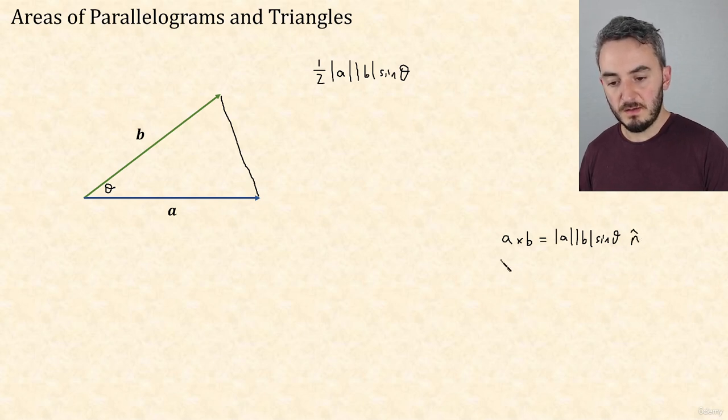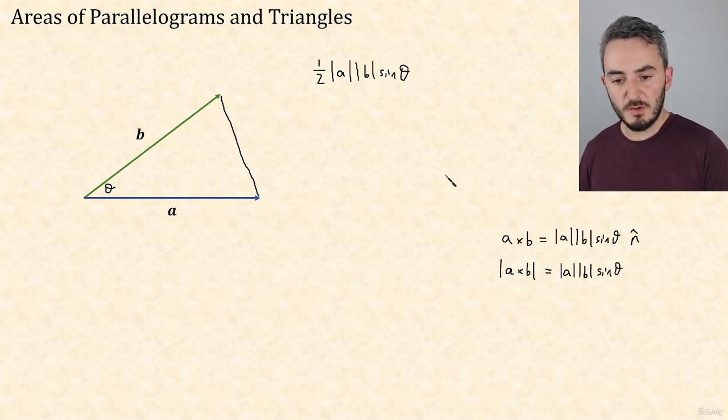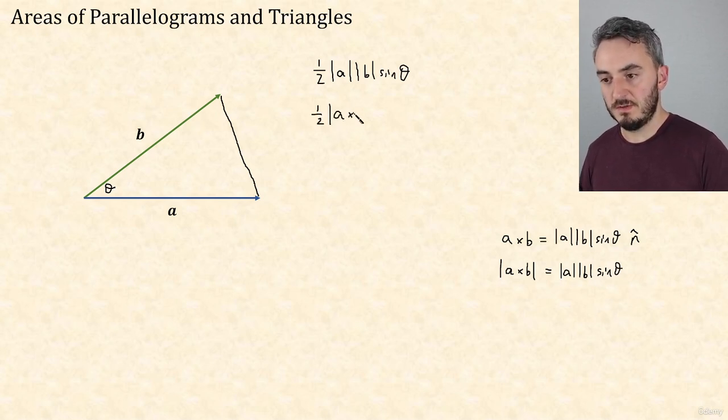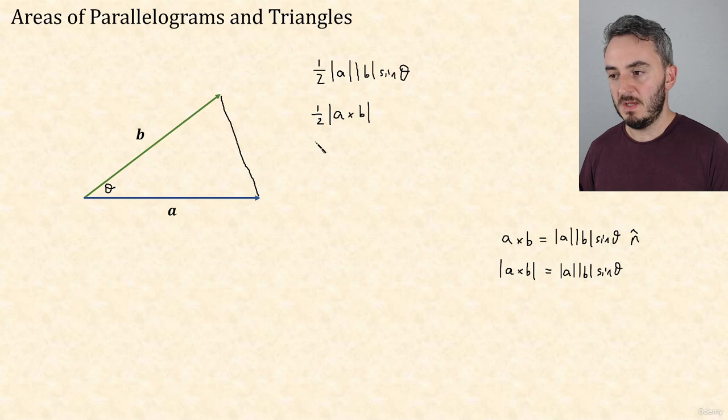And so the modulus of the cross product is just this bit, mod A, mod B, sine theta. So what we can say then is that the area of this triangle is just half of the modulus of A crossed with B, the vector product of A and B.